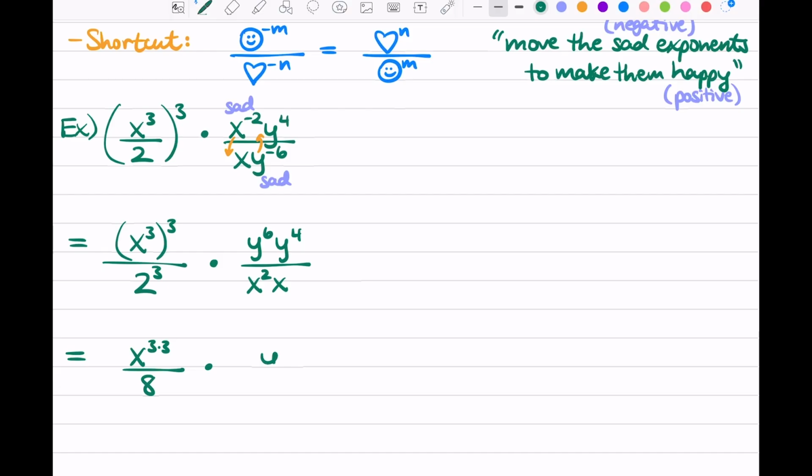We can write that as y to the 6 plus 4 power. And on bottom, we have x squared times x. X by itself is the same as x to the first power. So on bottom, we're going to get x to the 2 plus 1 power.